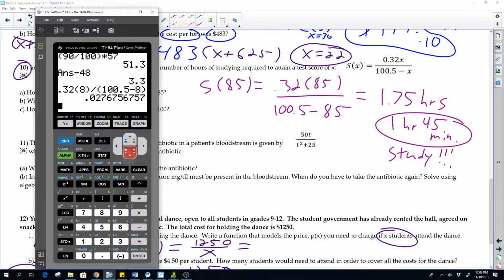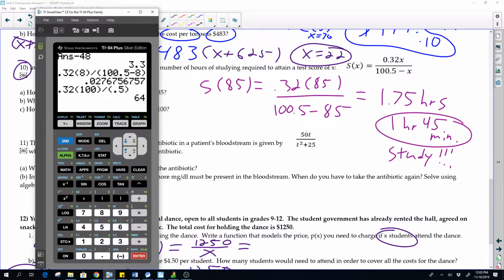Okay, so we're going to do 0.32 times 100 divided by parenthesis, well, we know 100.5 minus 100 should just be 0.5, shouldn't it? Totally.